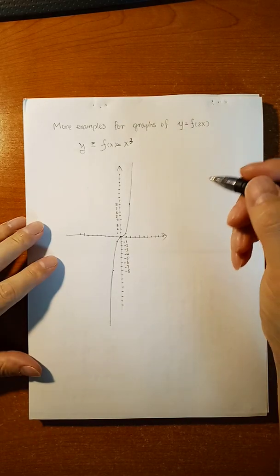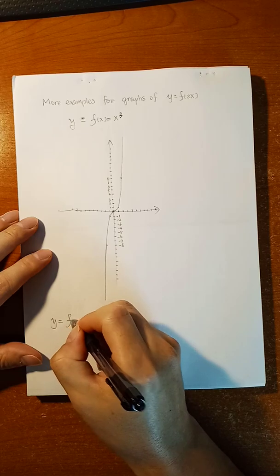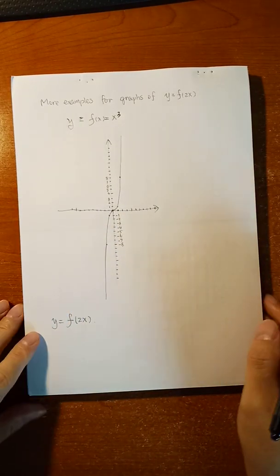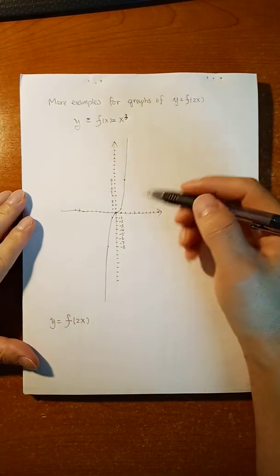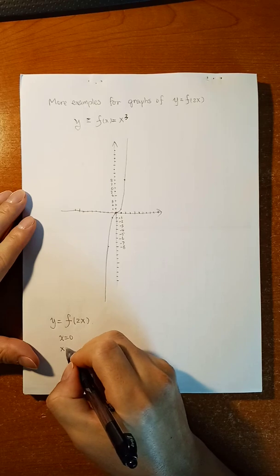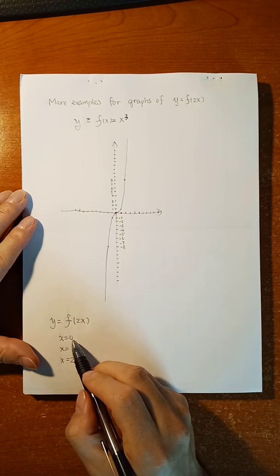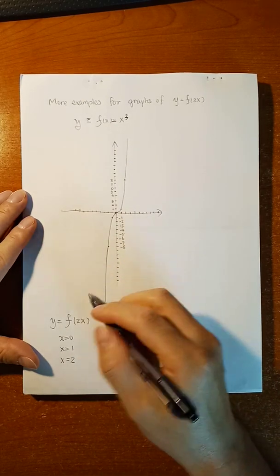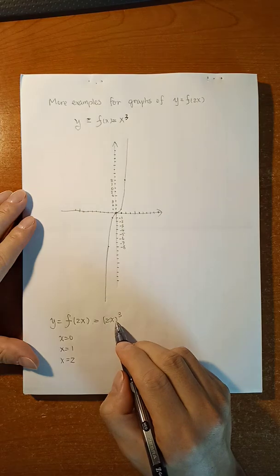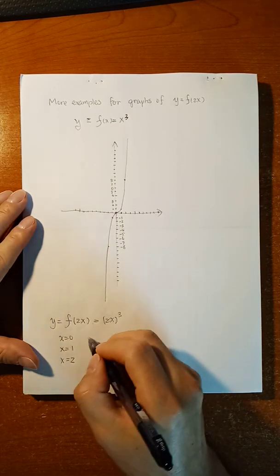Now let's see how we sketch y equal to f of 2x. Let's check. We will select several points in order to see the idea. When x is 0, 2x is 0, 0 cubed is 0.